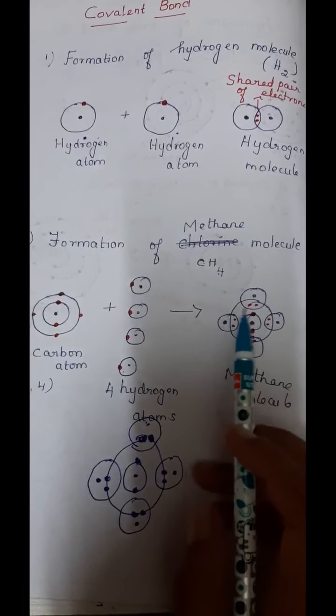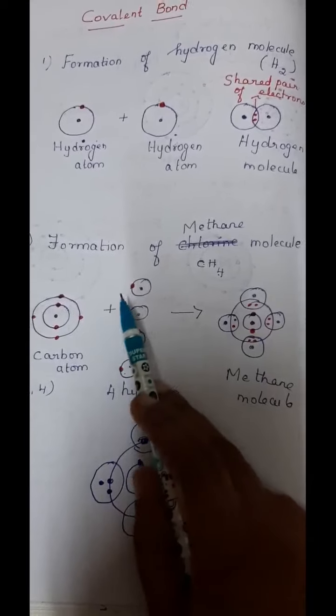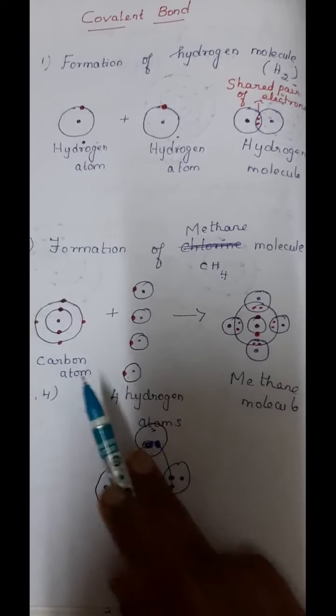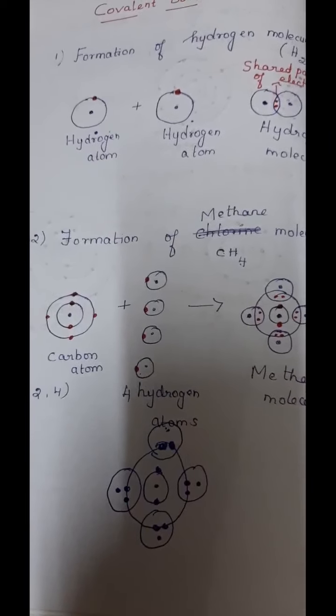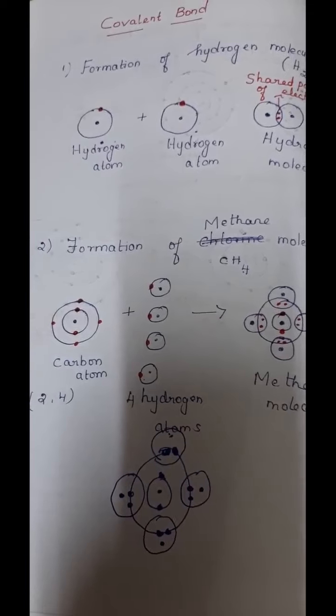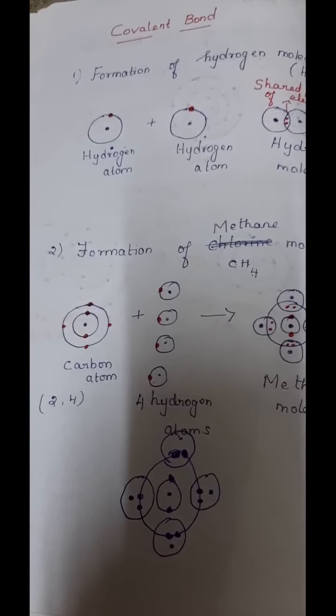So each one contributes 1 electron for the bond formation, which is needed for the bond formation. So this is the illustration of hydrogen molecule.